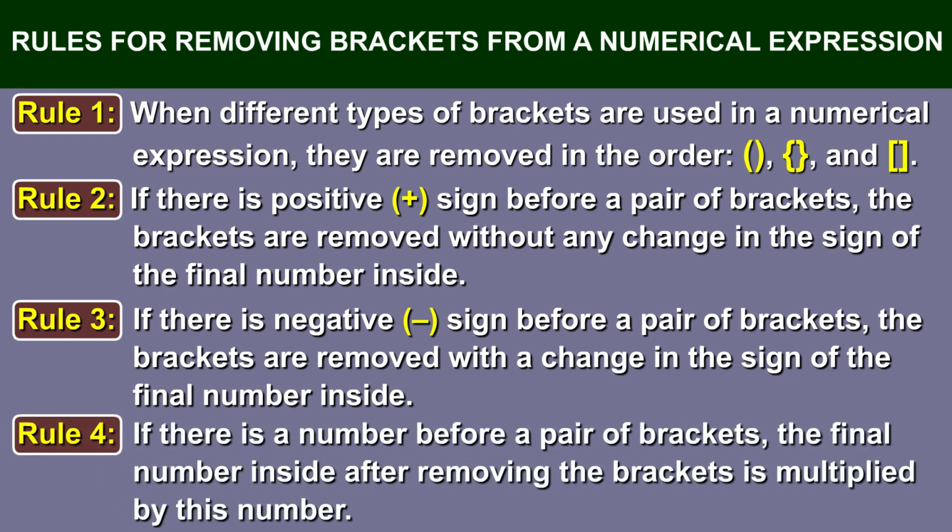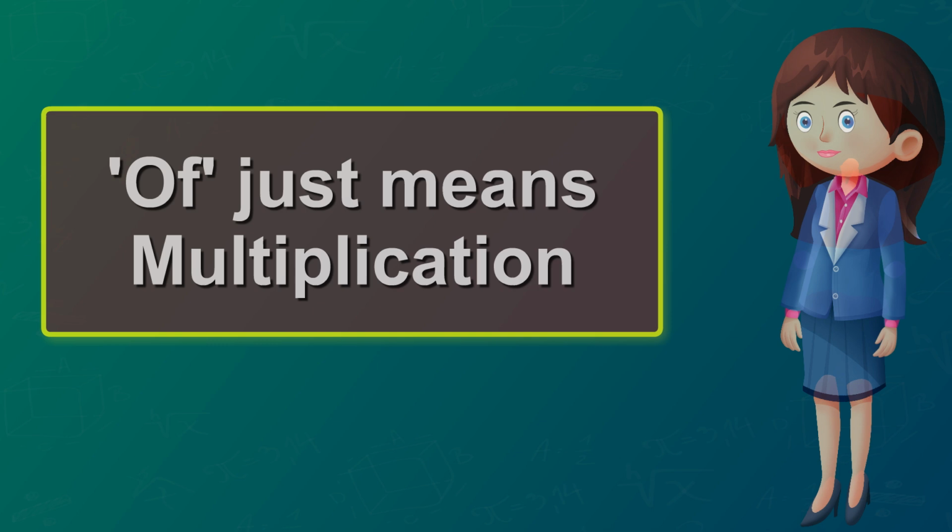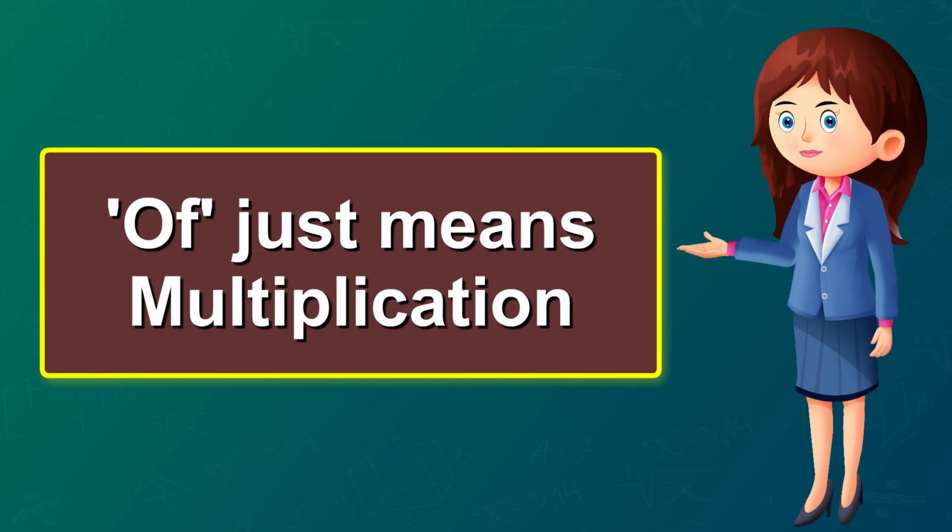Rule 4. If there is a number before a pair of brackets, the final number inside after removing the brackets is multiplied by this number. Understanding of. Of just means multiplication.